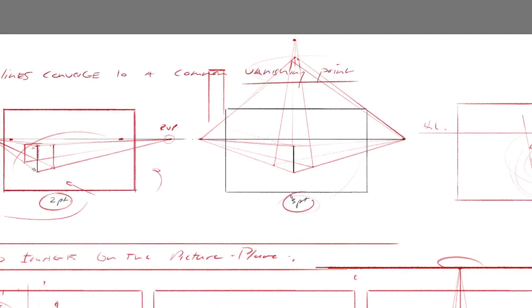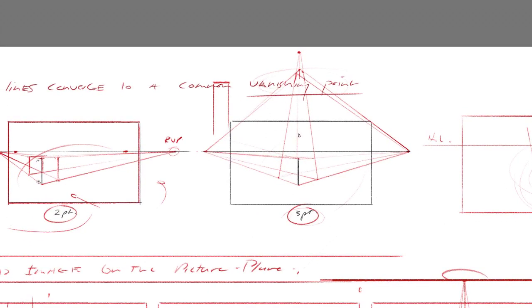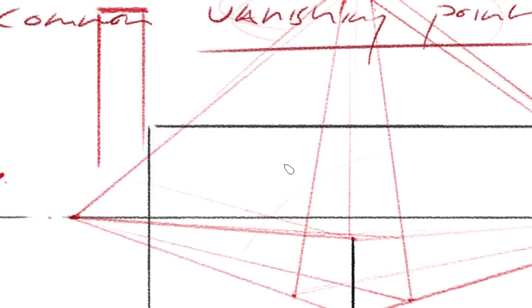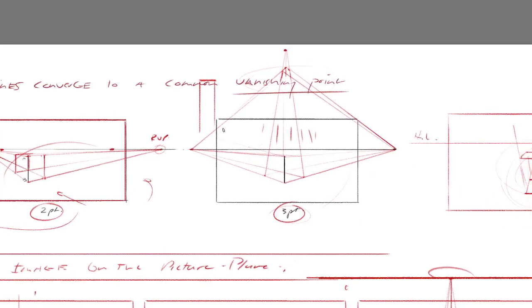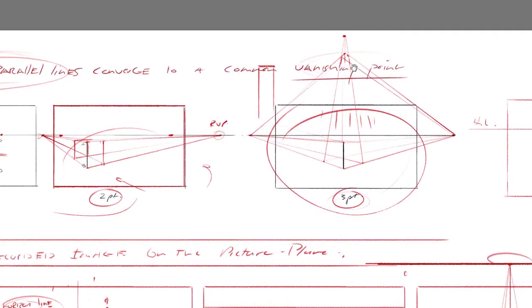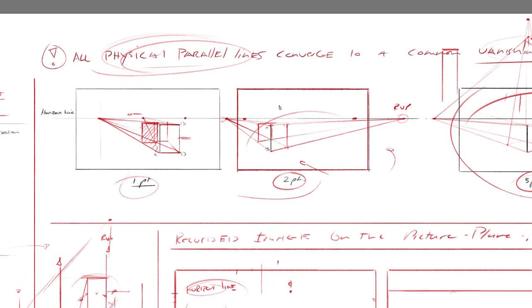Okay, that's 3-point perspective. It's not difficult, but you have to keep track of things, know your convergence, converging lines. So if I add to this, you have to have this natural incline with it for verticals. Basic rule of 3-point perspective: all parallel lines converge to a common vanishing point. In 2-point perspective, all except for the verticals.